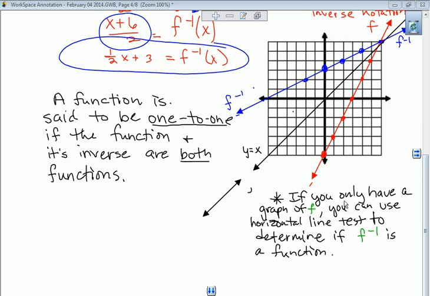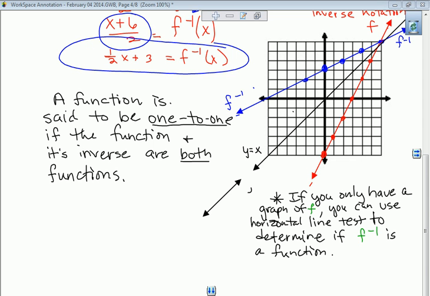All right, so if you only have the graph of the original function, you can use the horizontal line test to determine if the inverse is also a function. The horizontal line test is just like the vertical. If you can draw a horizontal line and it passes through no more than 1 point, then the inverse of that graph is a function.